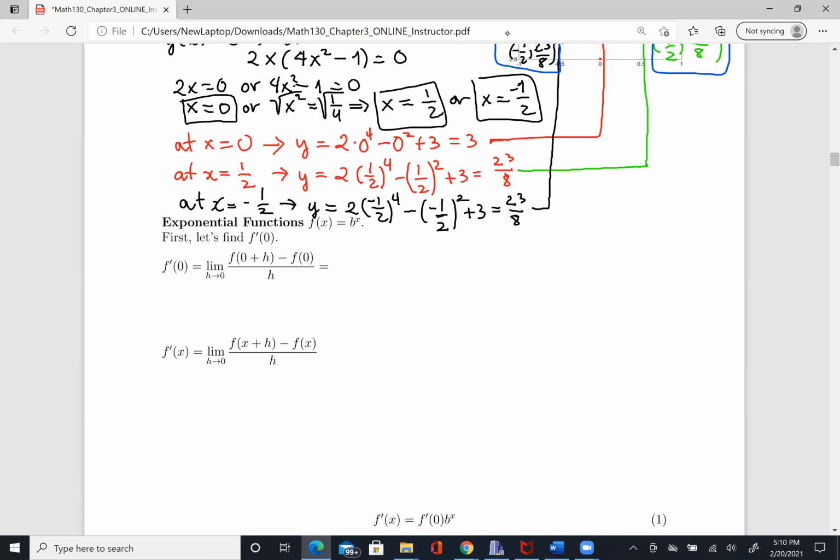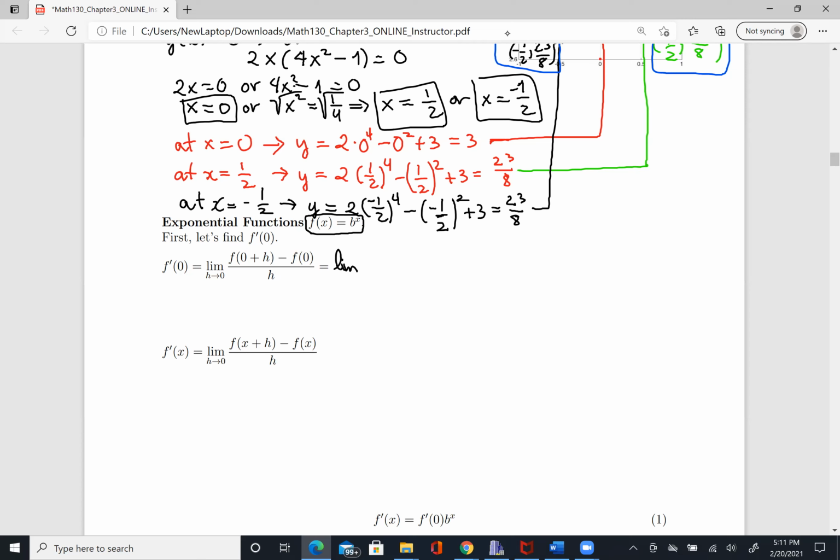So I can rewrite it as a limit. Remember that we are using f of x equal to b to the power x here, okay?